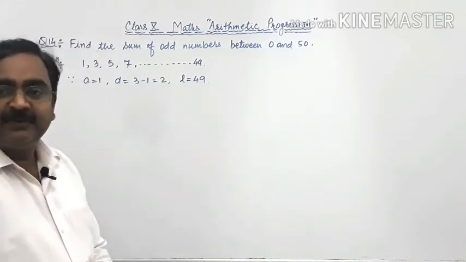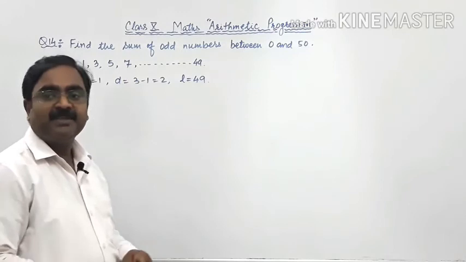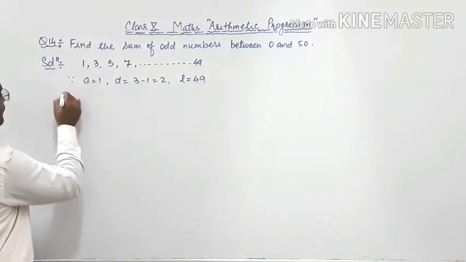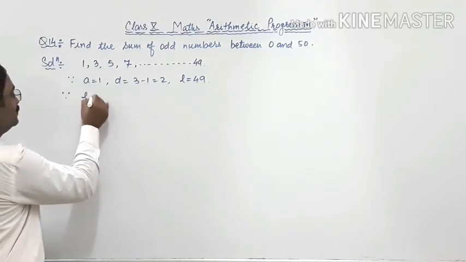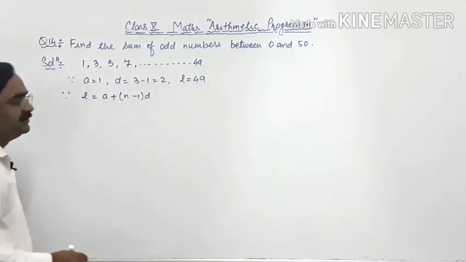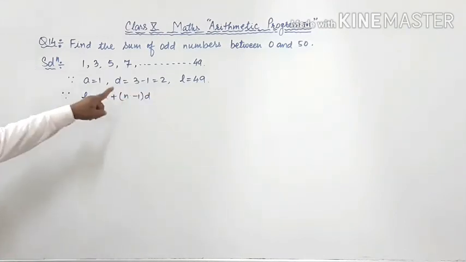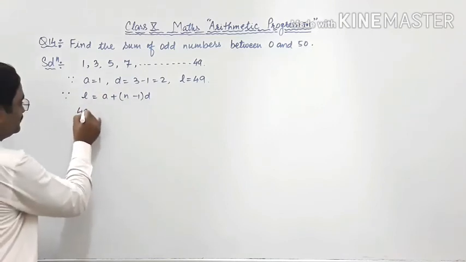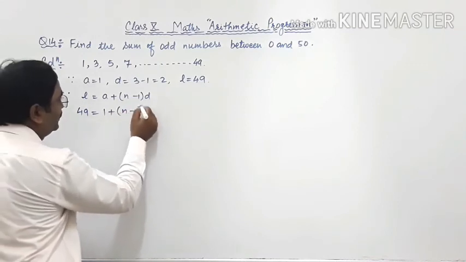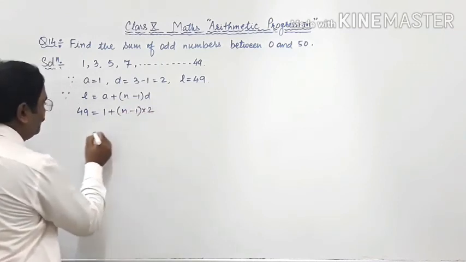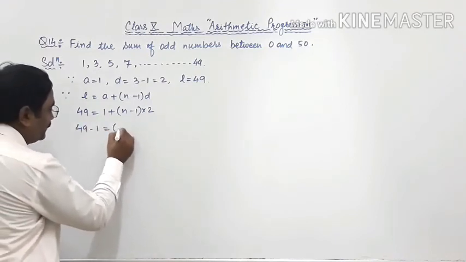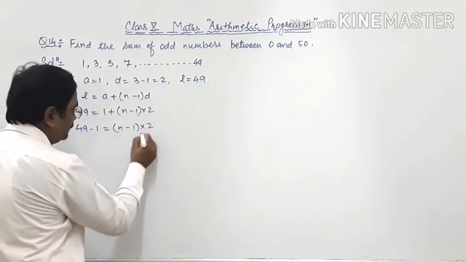So it is easy to find the number of terms in this series. To find the number of terms we use the formula of the last term. L is equal to A plus n minus 1 into D. Now substitute the values. L is 49. First term is 1 plus n minus 1 into D, D is 2. Solve it. 49 minus 1 equals n minus 1 into 2.